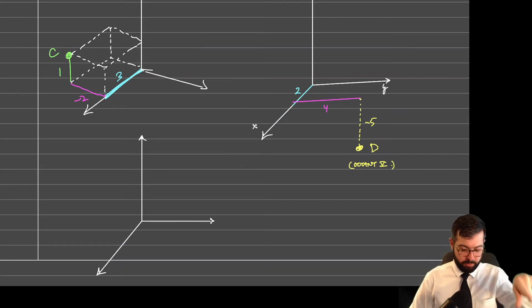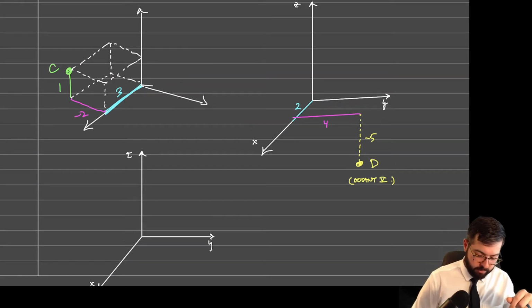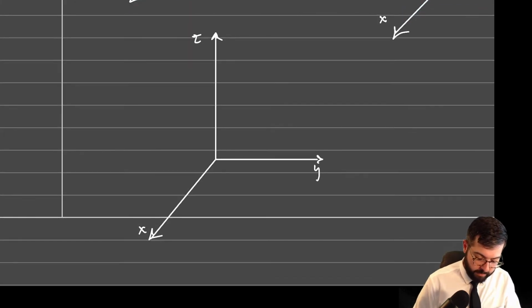Because they wrap around. And then the last one here was what? (-2, -2, -2). So that's going backwards 2 in the x direction, backwards in y by 2 units, and then down 2.